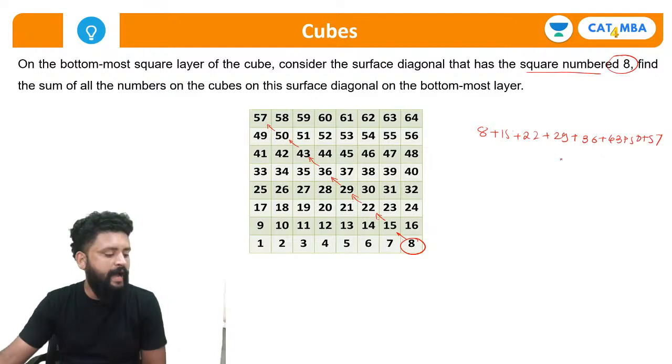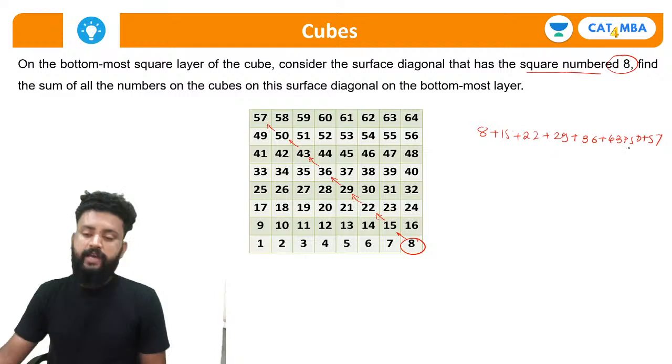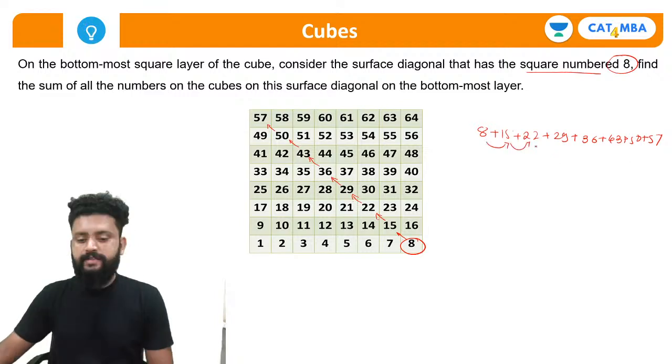Those who know arithmetic progression can apply the AP formula. If the difference is the same, we call this an arithmetic progression. And if you need to add these numbers, simply, how many numbers are there? 1, 2, 3, 4, 5, 6, 7, 8. So there are 8 numbers.